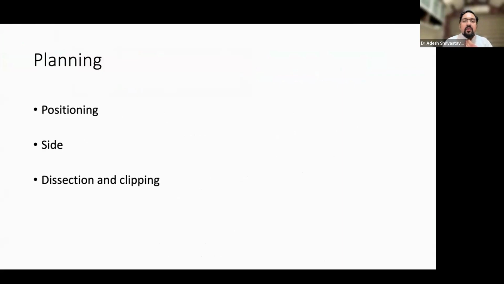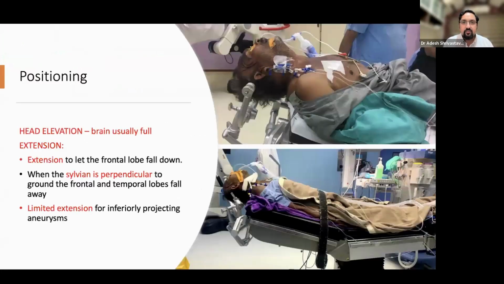So the talk will be divided basically into three parts. First of all, the patient positioning, then on which side you decide to go, and how to go about dissection and clipping depending upon the various projections and morphology of the aneurysm. Now, coming to the positioning part, the first and foremost thing to realize is that in ruptured ACOM aneurysms, often the brain is quite full.